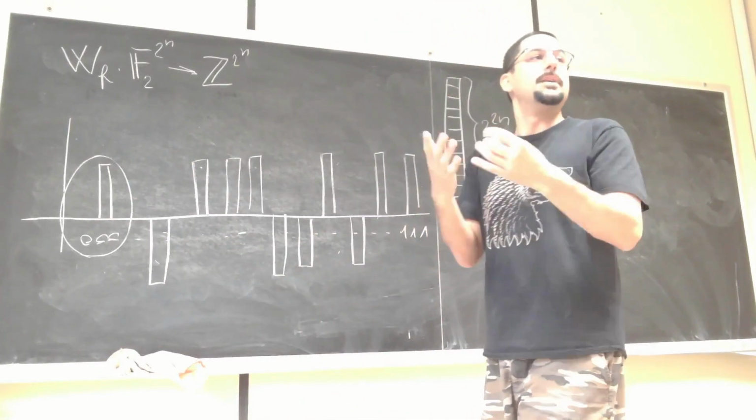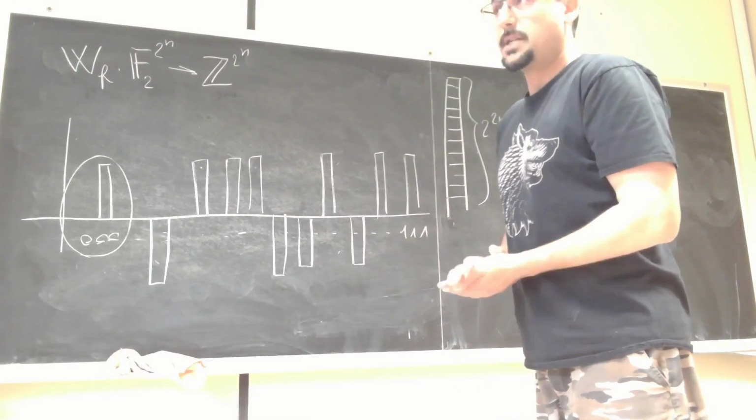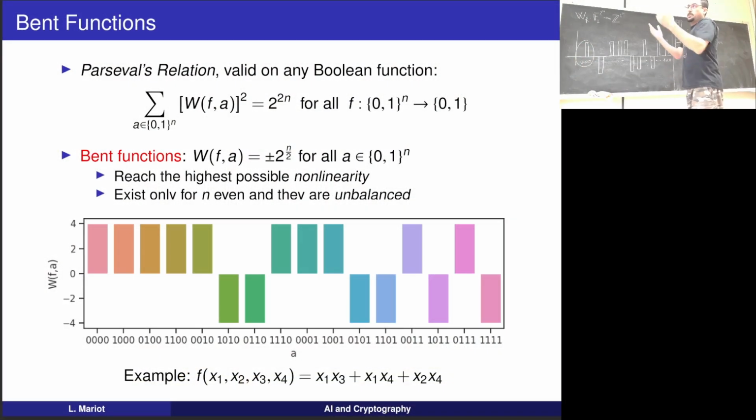So we cannot use them directly as combiner functions in our stream ciphers. So this is the problem, basically. They exist only when n is even, and moreover, they're also unbalanced. And okay, here you can see an example with 4 variables over the slide.